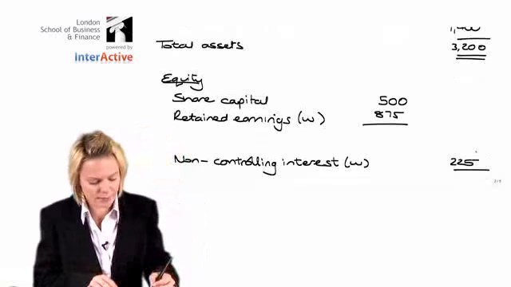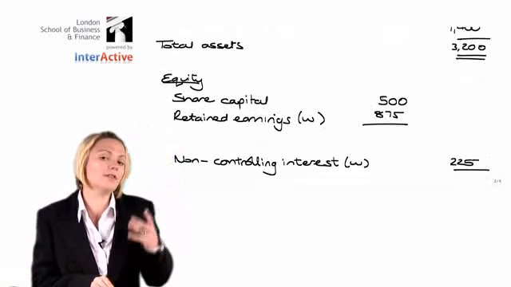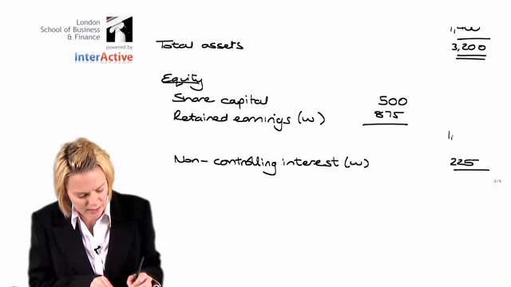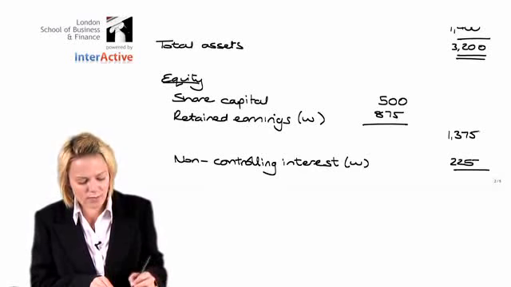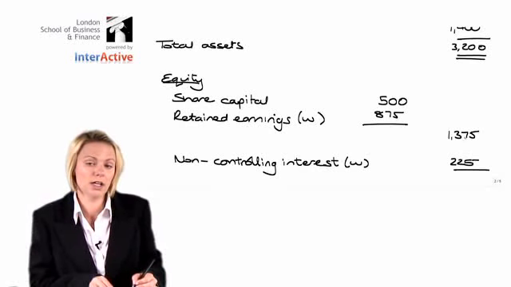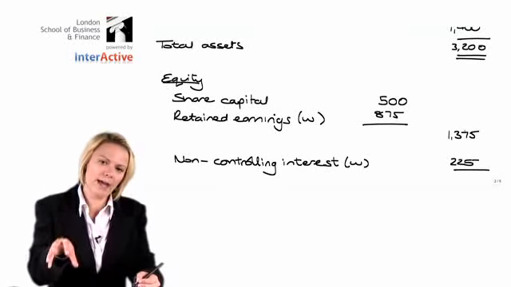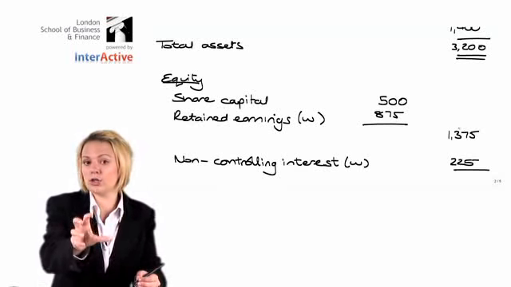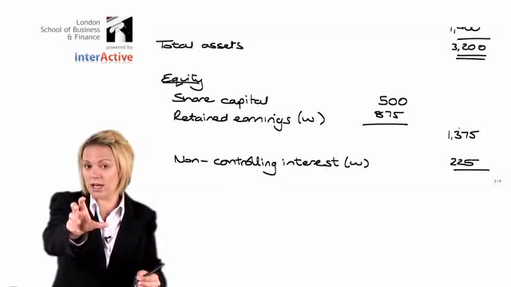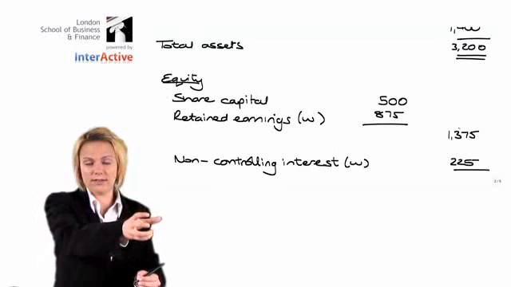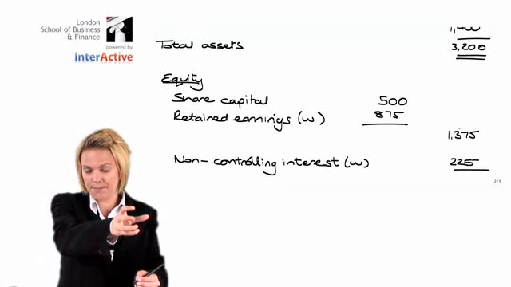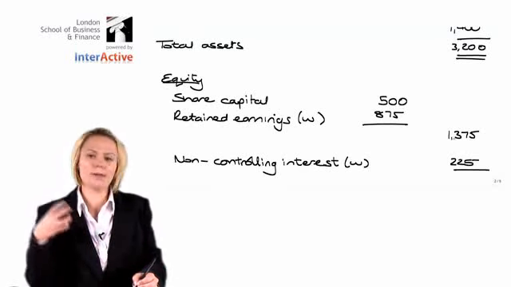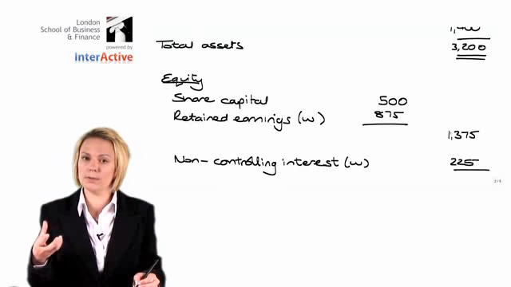Looking at equity, the owners of the parent's equity is 1,375. That represents the shareholders in the parent's capital plus what they are entitled to, which is all of the parent's retained earnings, plus 75% of the subsidiary. So this represents all of the ownership in the parent plus 75% in the sub.